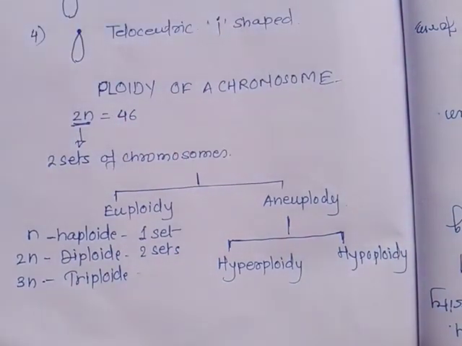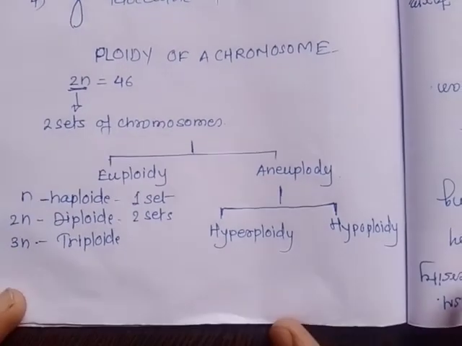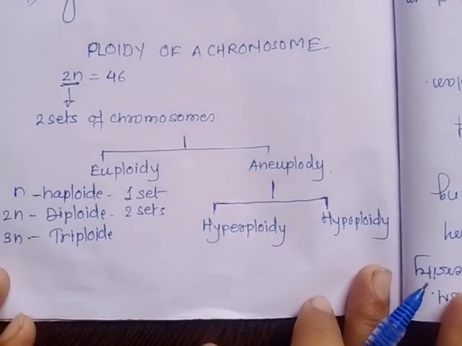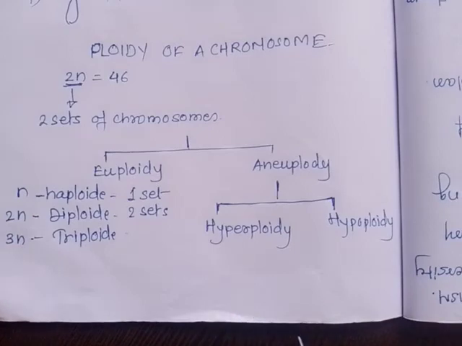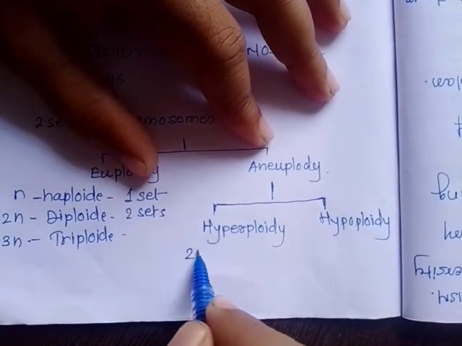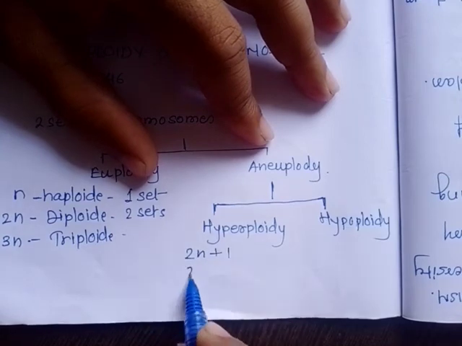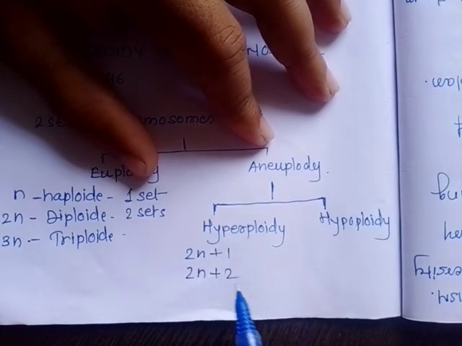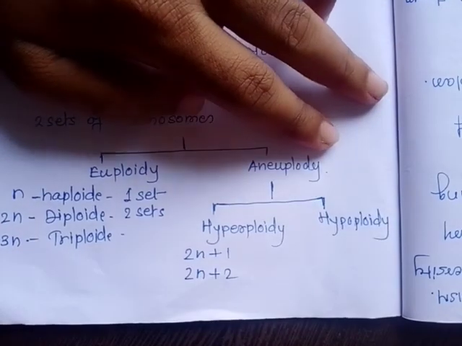If the number of chromosomes is increased in a euploid individual, then that is called hyperploidy. For example, 2n plus 1 or 2n plus 2 can be considered as hyperploidy.